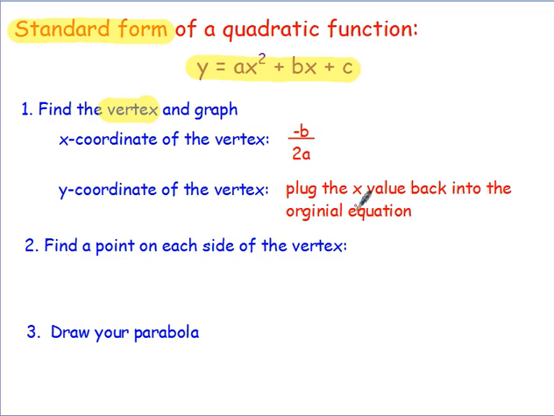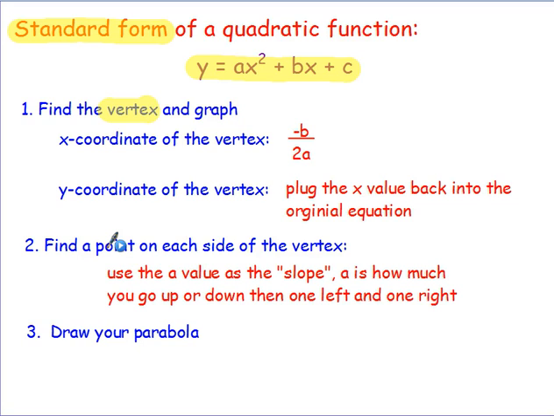After you have the vertex, my only requirement is that you have 1 point additional on each side of the vertex. So to find that point, you're going to use the a value. Okay, that would be the number here in front of x squared, what we call the slope.